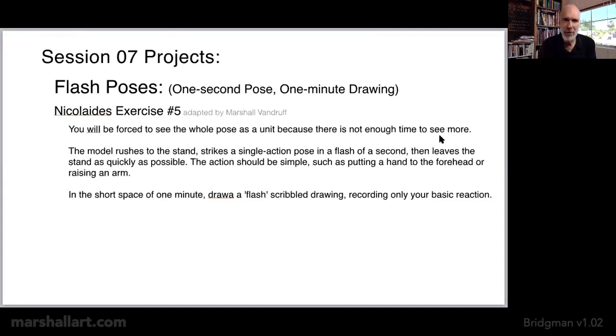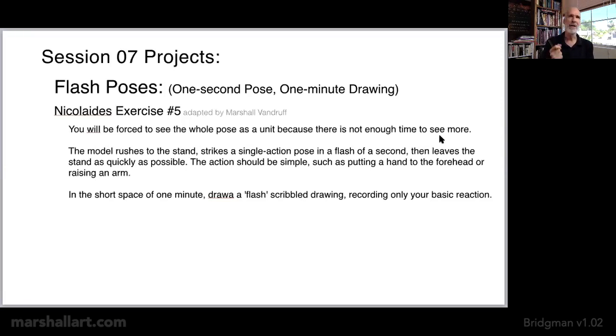The model rushes to the stand, strikes a single action pose in a flash of a second, then leaves the stand as quickly as possible. The action should be simple, such as putting a hand to the forehead or raising an arm. In the short space of 1 minute, draw a flash scribble drawing recording only your basic reaction.